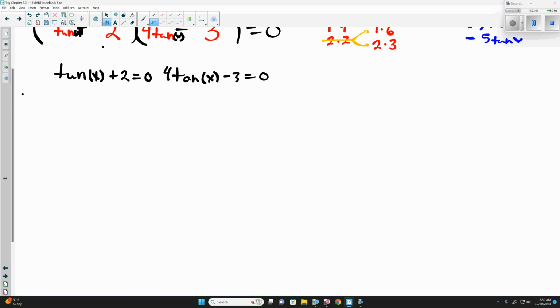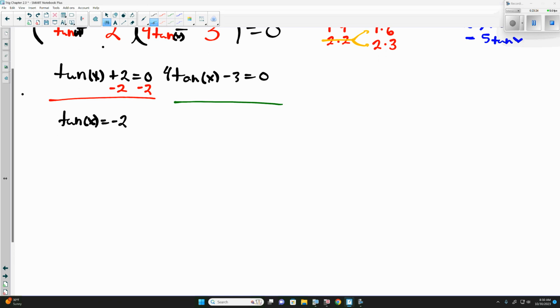Okay, so we can solve the one on the left first by subtracting 2 from both sides, telling us tangent of x is equal to -2. We'll finish up solving for x here in a minute, but we did get tangent by itself.